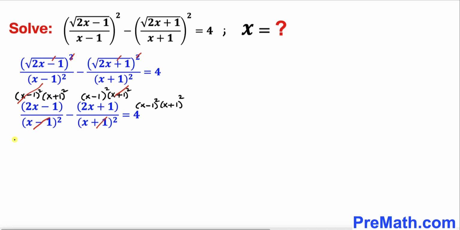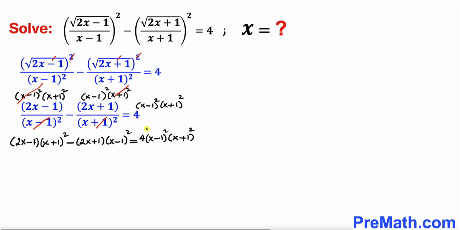So we ended up with, for the first fraction, 2x minus 1 times x plus 1 whole square, and then a minus sign in between, 2x plus 1 times x minus 1 whole square, equals, on the right hand side, 4 times x minus 1 whole square times x plus 1 whole square. And now we no longer have a fraction.